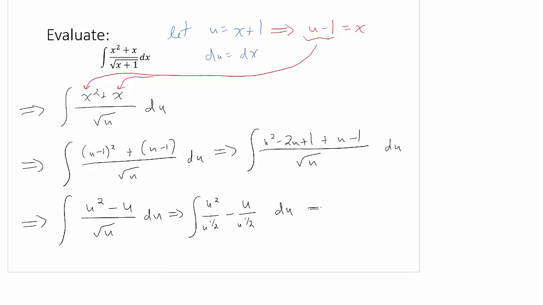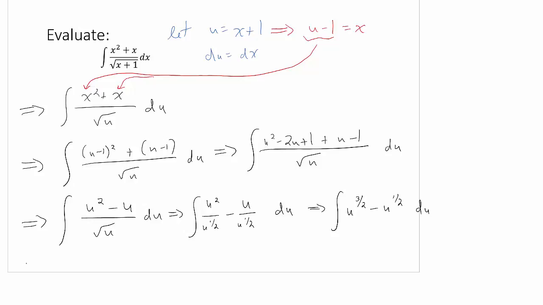And so then that's the integral of u to the 3/2 minus u to the 1/2 du. And now it's relatively easy. I can integrate each of those terms, or I can find each of those simple antiderivatives.